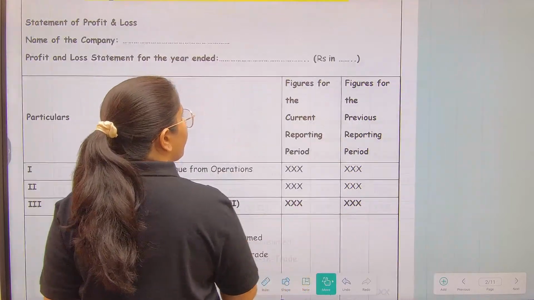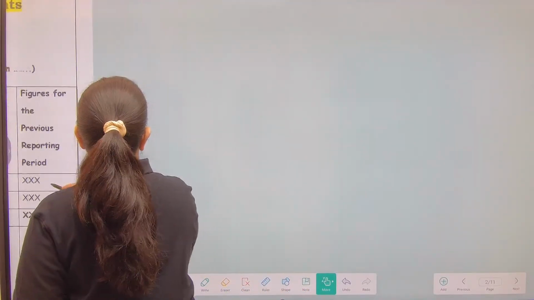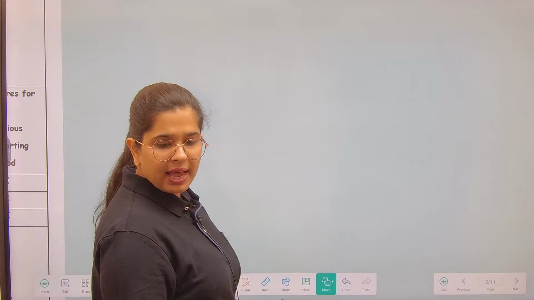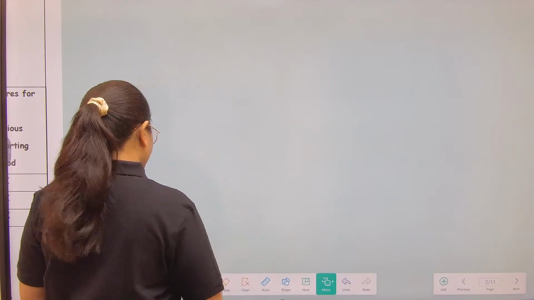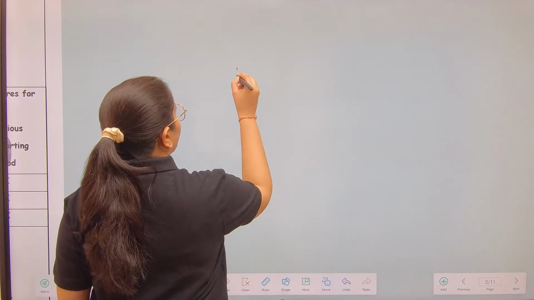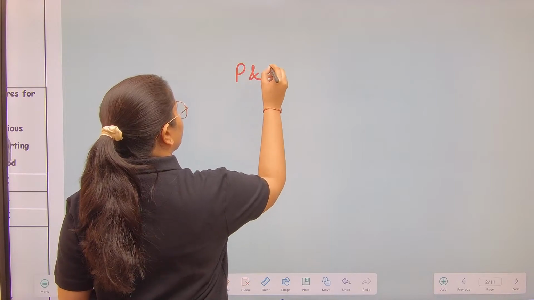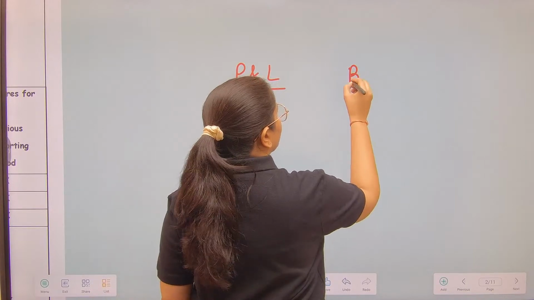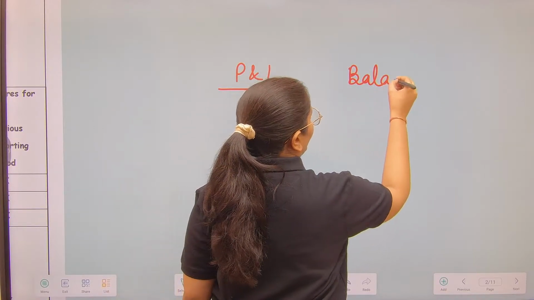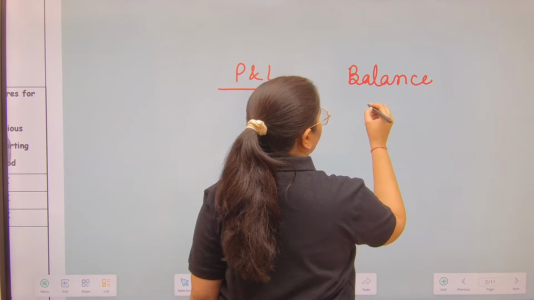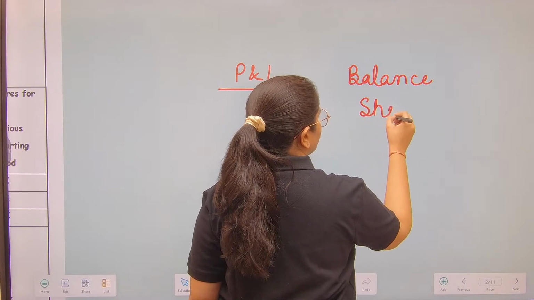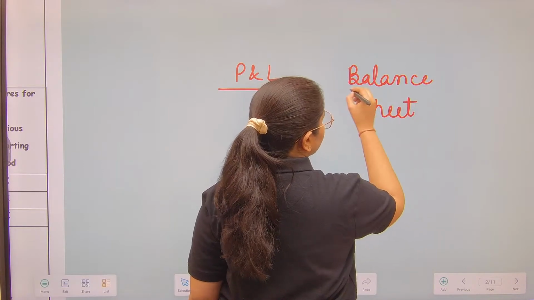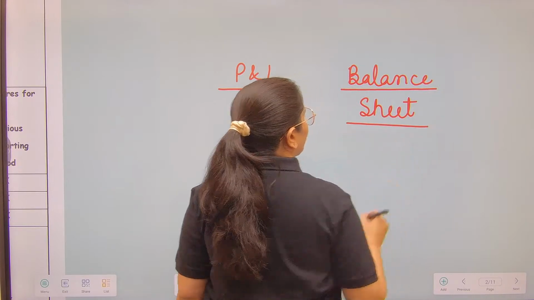Before discussing the formats, I would like to tell you that P&L and balance sheet, this might be very non-useful information for all those people who are from a commerce background, but for others, they might know it, they might not know it.